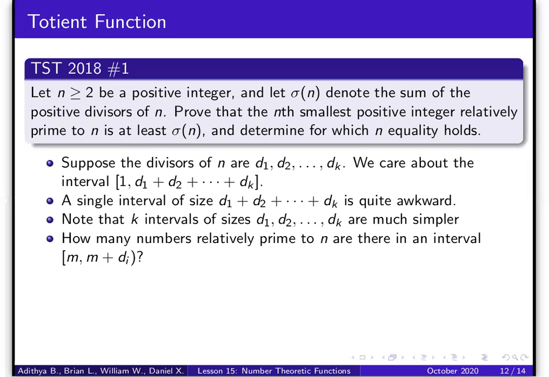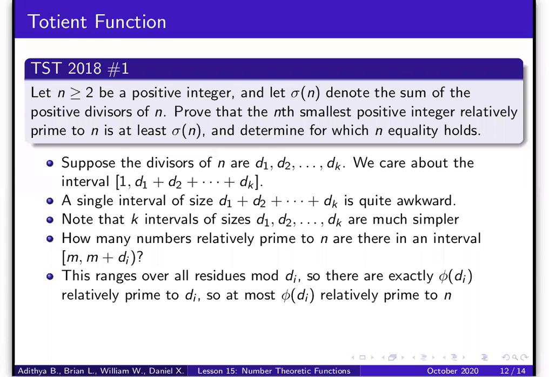And since the range m through m plus di with the right end exclusive includes every single residue mod di, we can just assume that it's the range 1, 2, 3 all the way to di, because the set of residues is the same, so the number of relatively prime numbers will also be the same. So we can instead ask how many numbers are relatively prime to di between 1 through di, and of course the answer is just phi of di by the definition of phi.